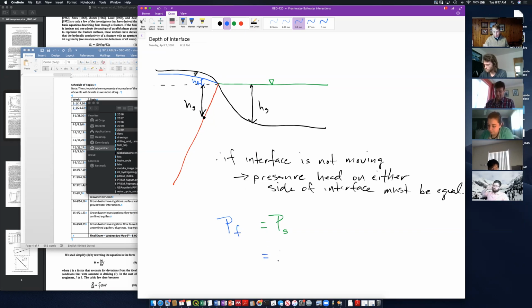And I can write this as rho S g H sub S. All right, that's the pressure at this point on the saltwater side. And this has to be equal to rho F g times H sub S plus H sub F. All right, so the freshwater density now times the total height, which is H sub S plus H sub F.